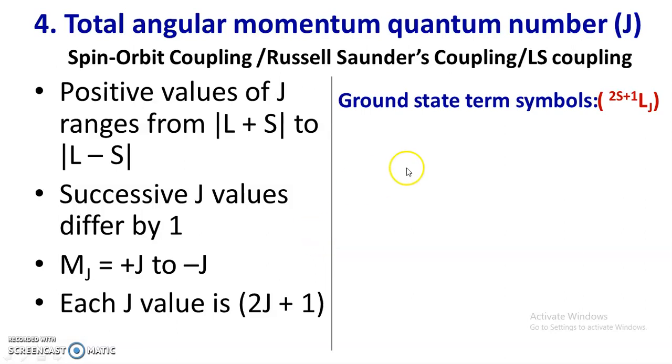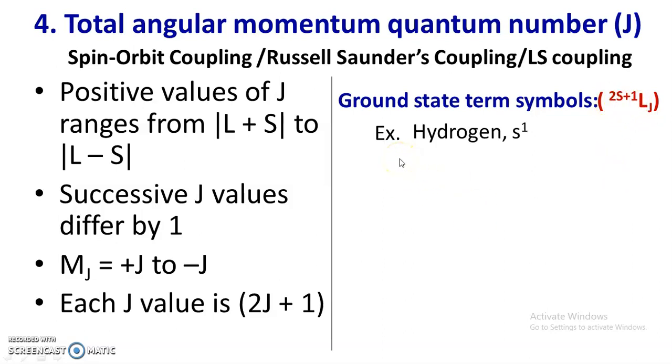Now let us find the ground state term symbol for some simple configurations. The representation of the term symbol is L with subscript J and superscript 2S plus 1, where L is the resultant orbital angular quantum number, J is the total angular momentum quantum number we have just discussed, and 2S plus 1 is the multiplicity.